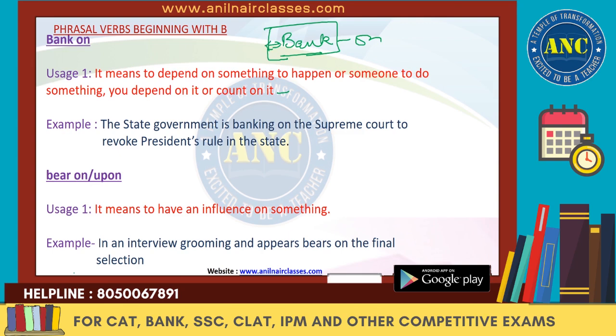You keep your money and then you depend upon the bank to give you money in times of need or when something happens; you count on it. See the example: the state government is banking on the Supreme Court to revoke president's rule in the state. That means the state government is depending on the Supreme Court, right?